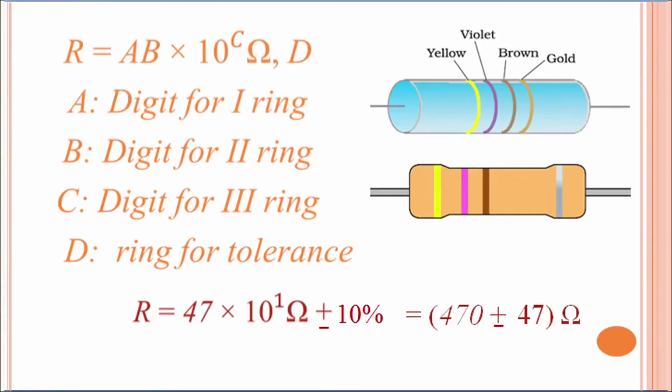If instead of golden color you have a silver ring, then silver signifies a tolerance of 10%. In that case, the value would be 470 minus 47 ohms to 470 plus 47 ohms.